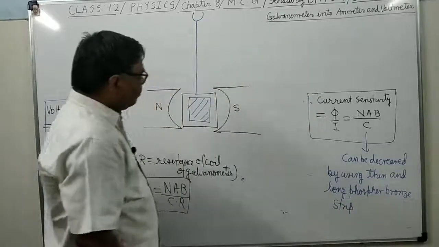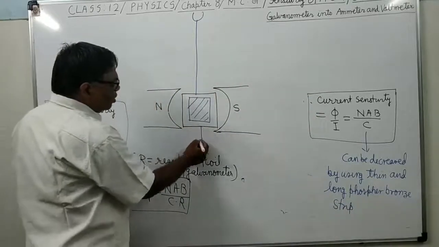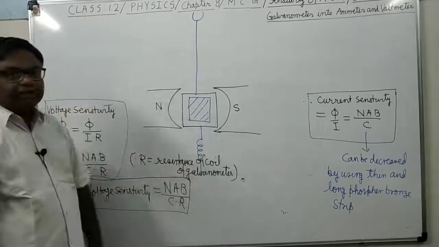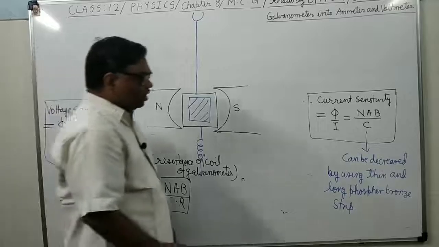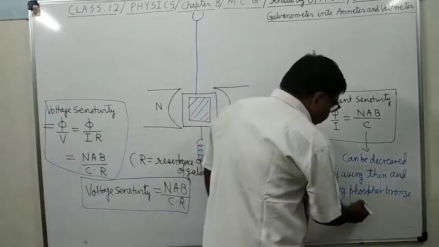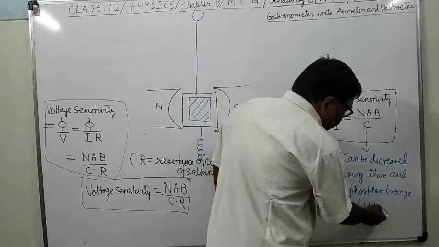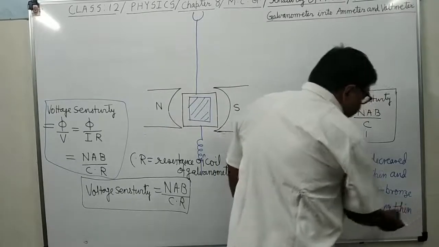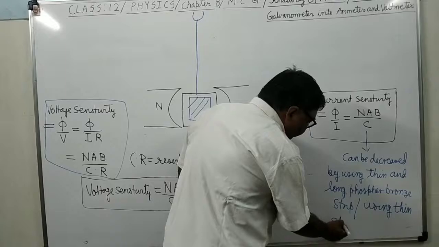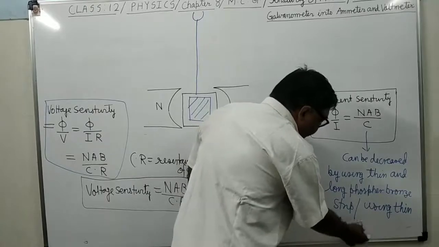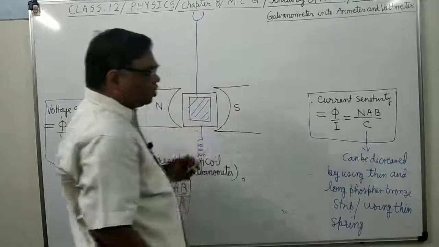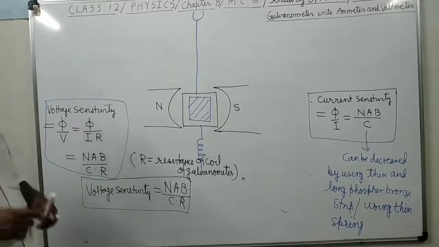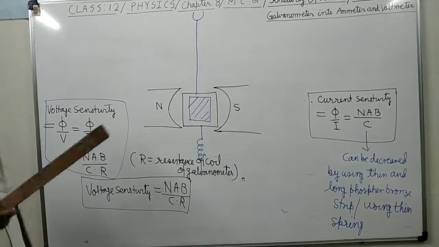as well as by using a thin phosphor bronze spring. The thin spring produces the restoring couple, which opposes the deflecting couple.